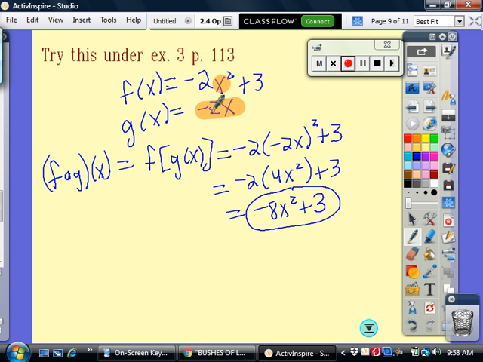This one went inside the parentheses. This one is on the outside. Remember, in the order of operations, exponents must come before multiplication.